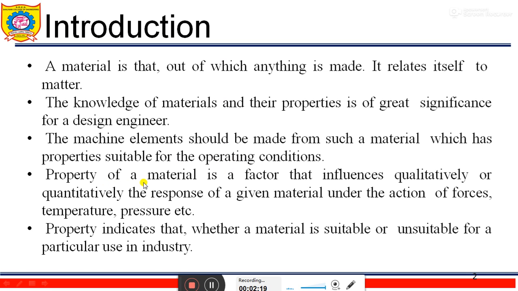A property of a material is a factor that influences, qualitatively or quantitatively, the response of a given material under the action of forces, temperature, pressure, etc. Property indicates whether a material is suitable or unsuitable for a particular use in industry. So from this PPT you can see that selection of material is very important for mechanical engineers.